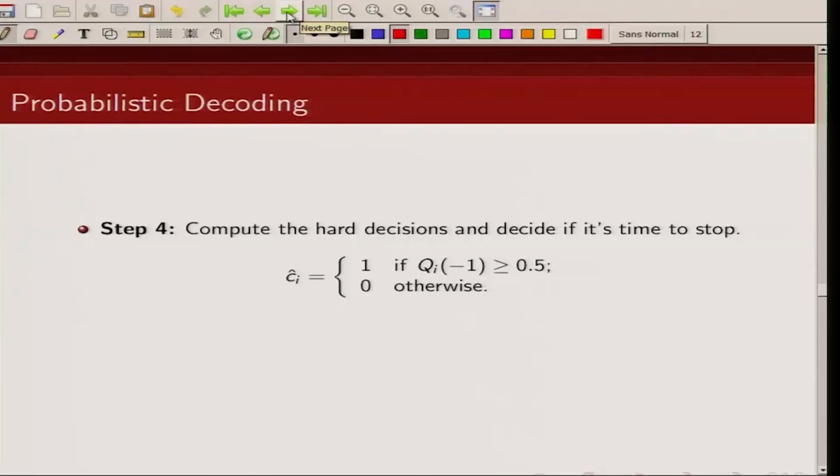These bit nodes are getting information from other check nodes as well, because each bit node is connected to multiple parity check equations. So, it takes those inputs into account to update its Qijs, and this process continues in an iterative fashion until all the parity check constraints are satisfied. Finally, once you compute the a posteriori probability, if Qi(-1) is more than 1, you decide in favor of 1, otherwise you decide in favor of 0.